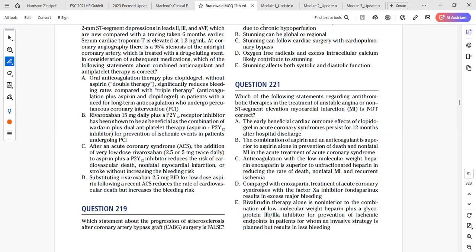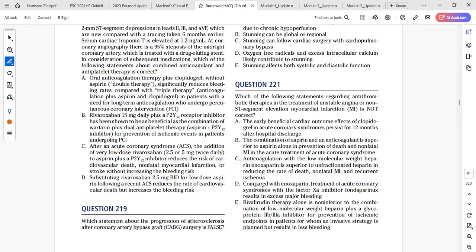This is making reference to the GEMINI-ACS 1 trial. In this trial, rivaroxaban was substituted for aspirin with no change in the bleeding, but the efficacy was not proven.